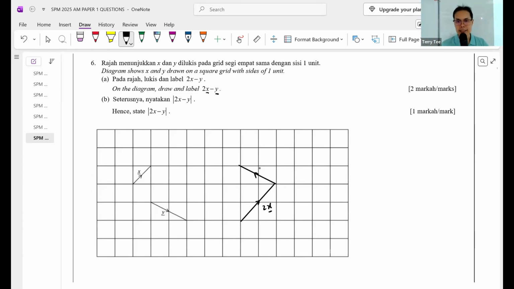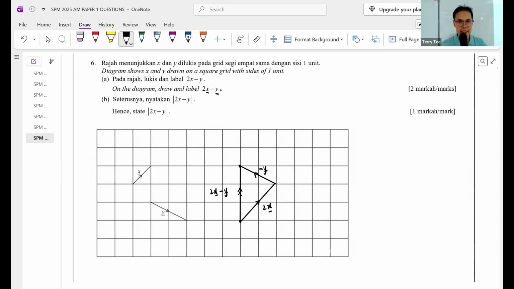This is negative y. So what is your resultant? The resultant vector is this. You can label it. Normally I like to use a double arrow, but you don't really need to do that, guys. This is your resultant vector, 2x minus y.